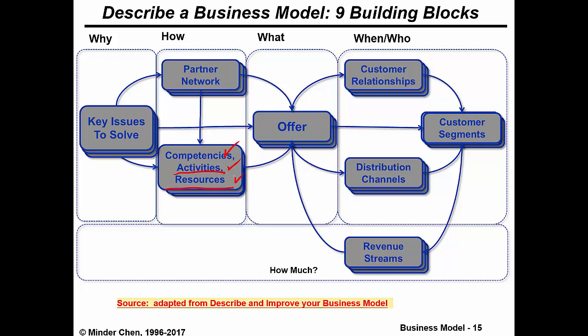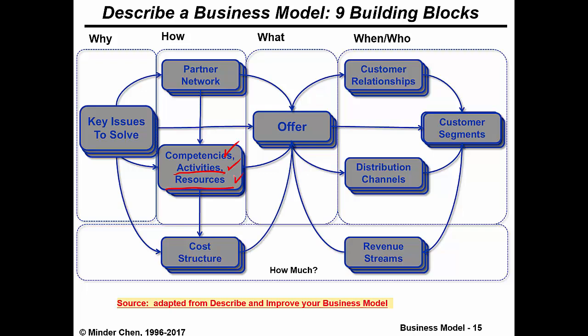They may help you with the resources and perform some of the activities. They may even produce part of the offer jointly with you in order to offer that to your customers. And this requires cost in producing the offer, paying for the resources and paying the partners. So this shows the interconnectivity of various building blocks in the business model canvas.